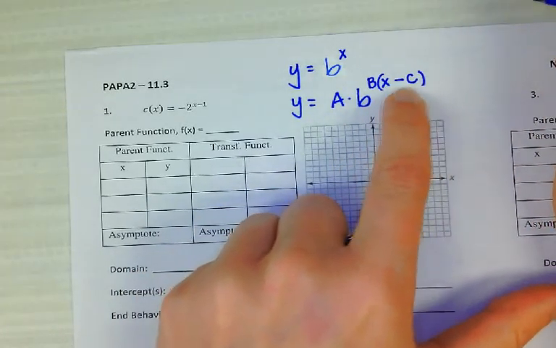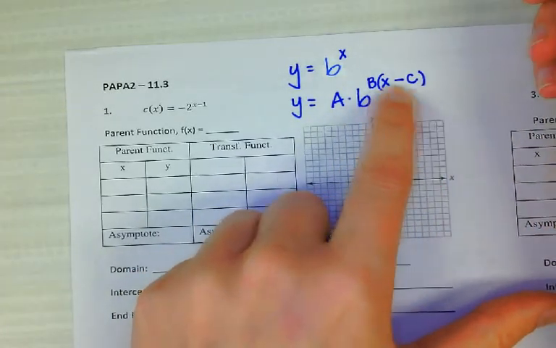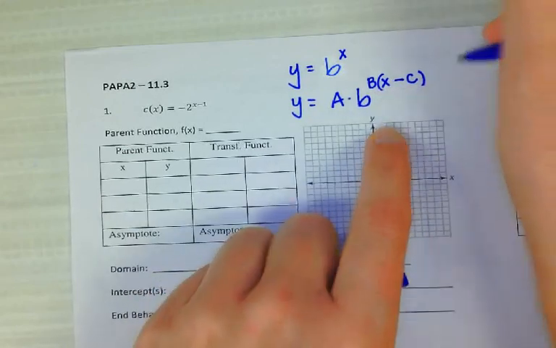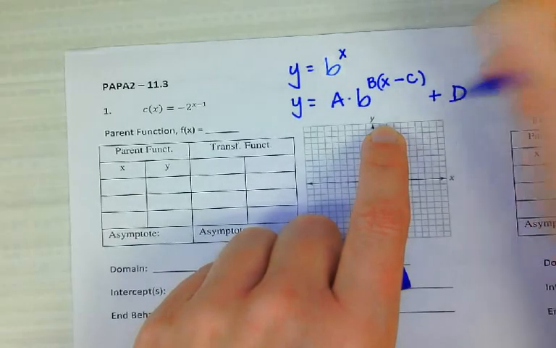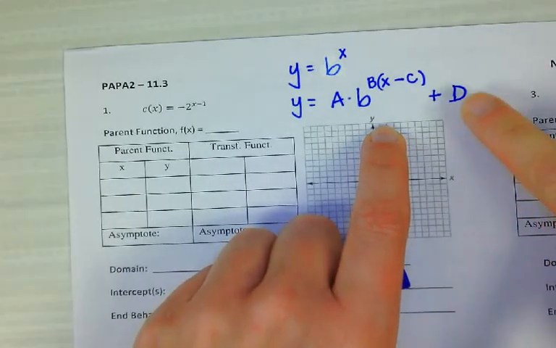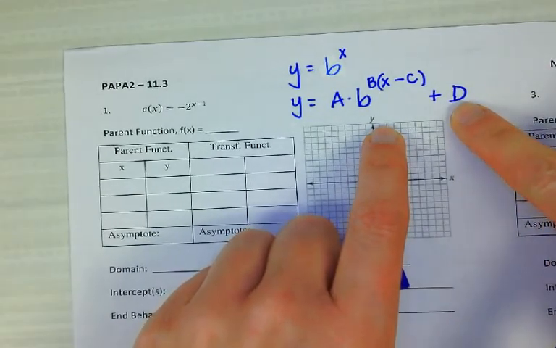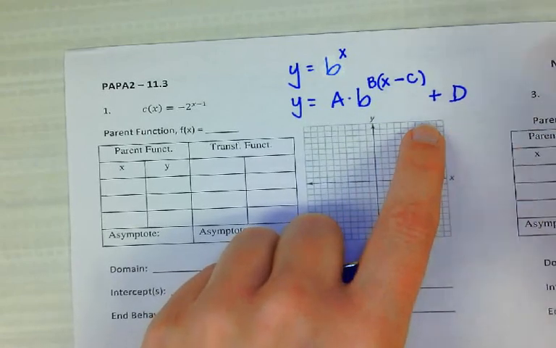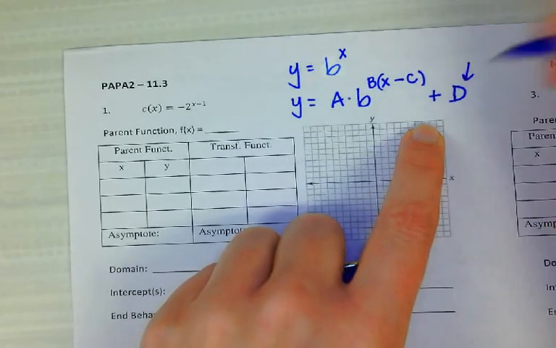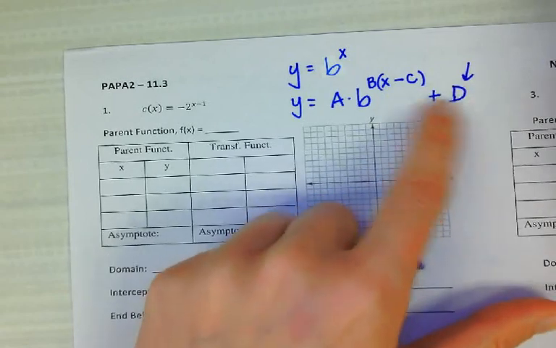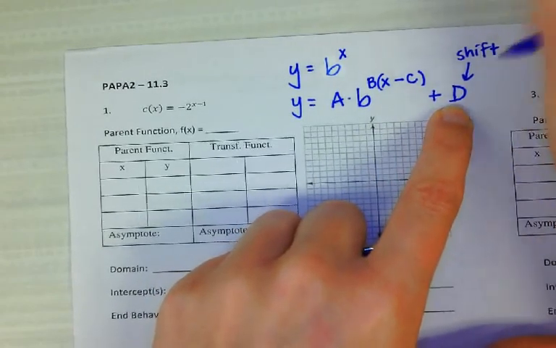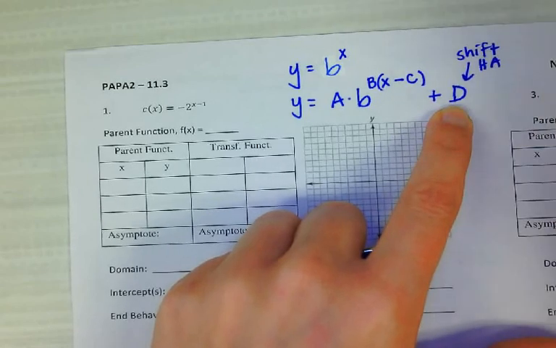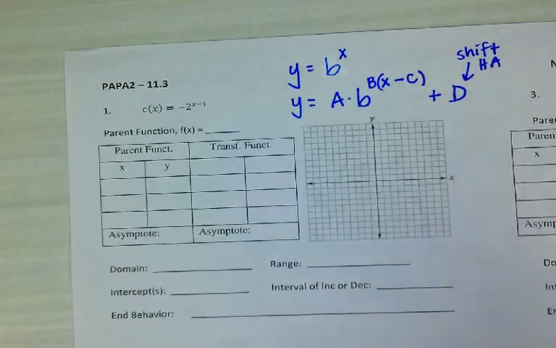We're going to do the opposite of the sign we see with x if we have any shifting left or right. And then at the very end of the equation, we're still going to look for shifting up and down. If you want to make yourself a note, this is going to shift our horizontal asymptote up and down.